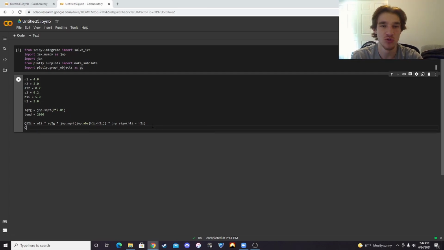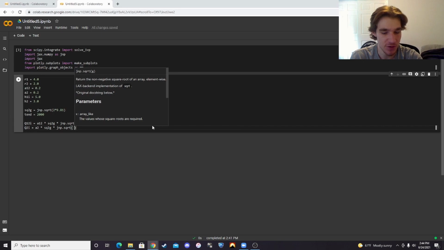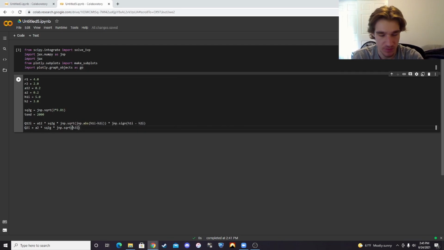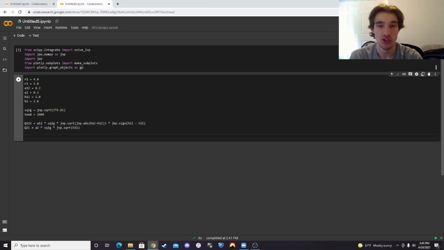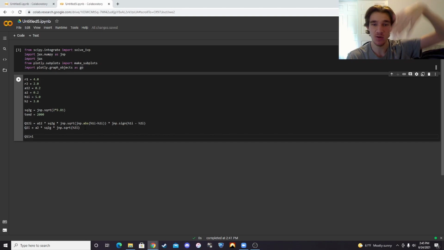Now we have to do Q2 initial, which is going to be equal to the area of the pipe 2 times square root 2g times the square root of height 2 initial. Perfect. So we are at steady state to start, so we can go ahead and make Q1 initial, which is the flow coming in from tank 1.